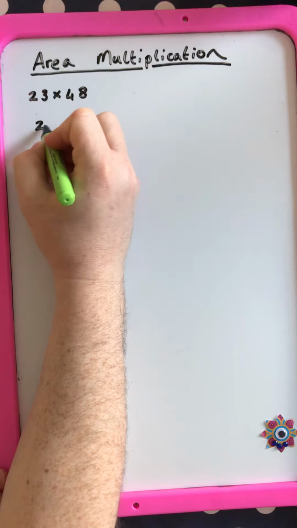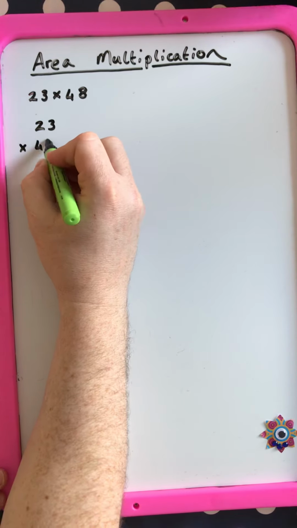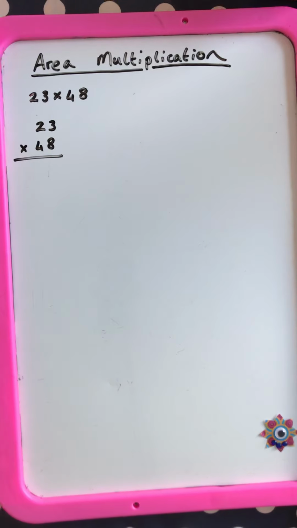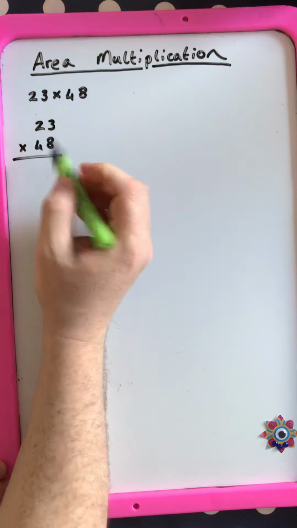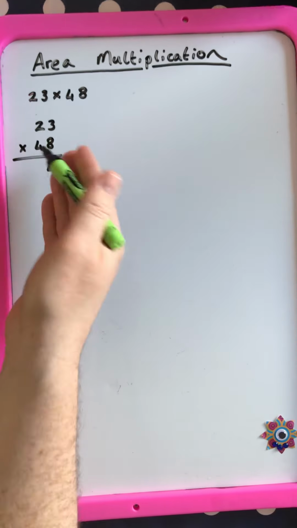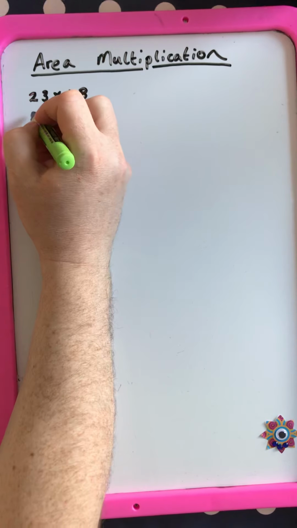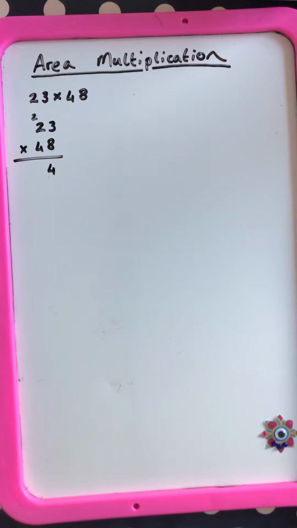Traditionally, with conventional methods when we are multiplying two digits by two digits, we would do 8 multiplying 3, which is 24. We would have the 4 here and the 2 we would put here.